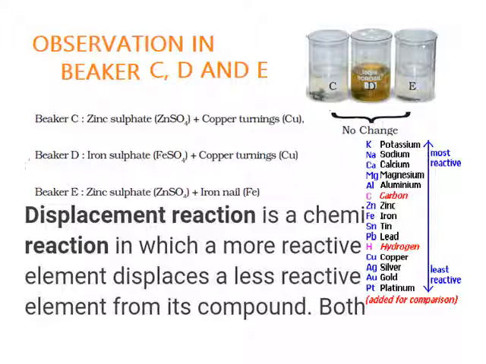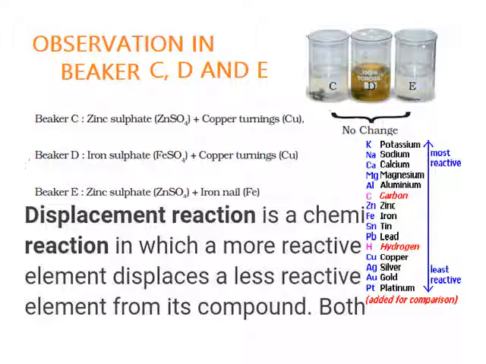You can see in the list zinc comes first, then below zinc you will find iron, and below iron you will find copper. So among these three, zinc is the most reactive, the next reactive is iron, and the next is copper. Of all the three, zinc is the most reactive and copper is the least reactive.